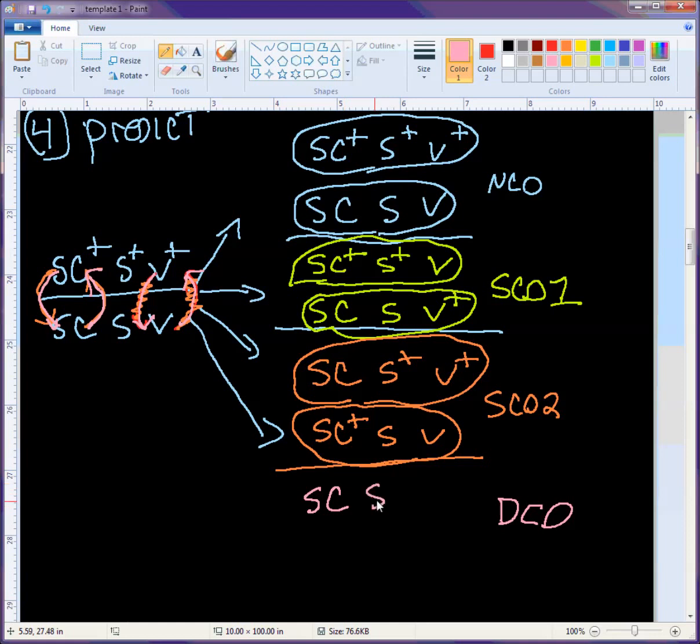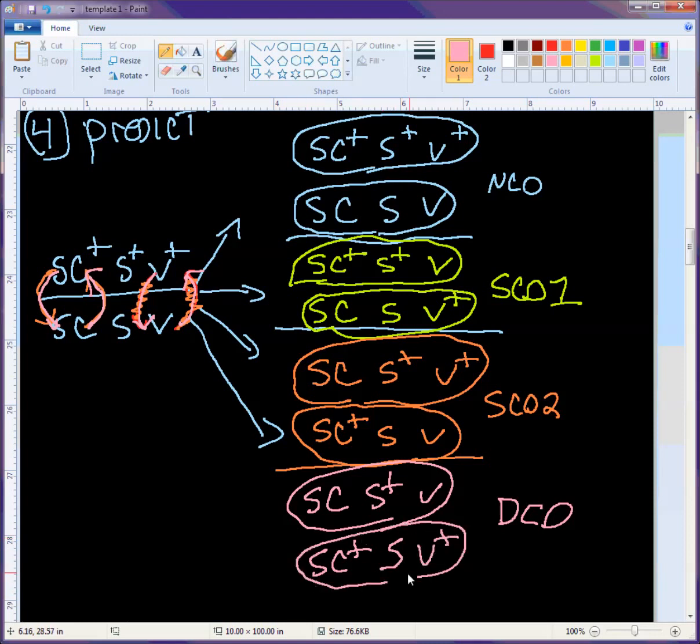SC, S plus, V, and SC plus, S, V+. Okay, so if I didn't make a mistake, we have our 8 different genotypes, 2 in each class, each of 4 different classes of gamete genotypes.